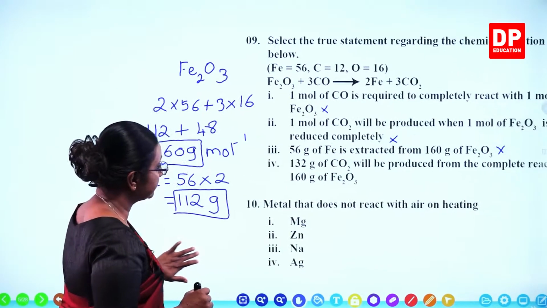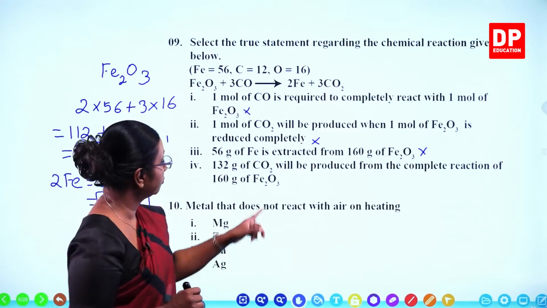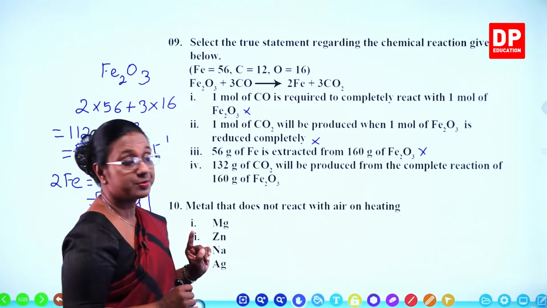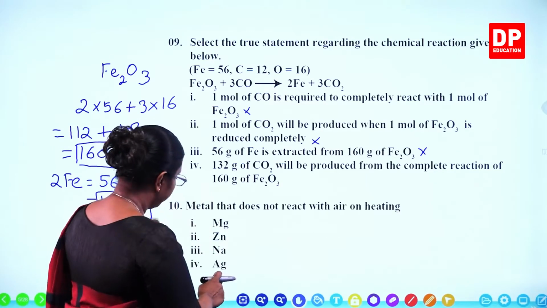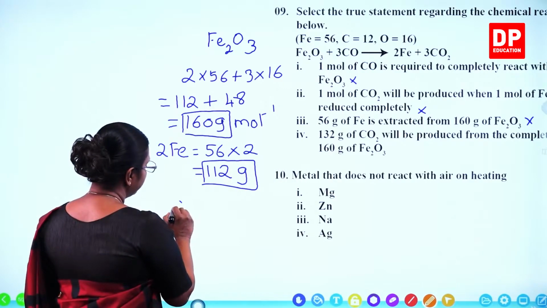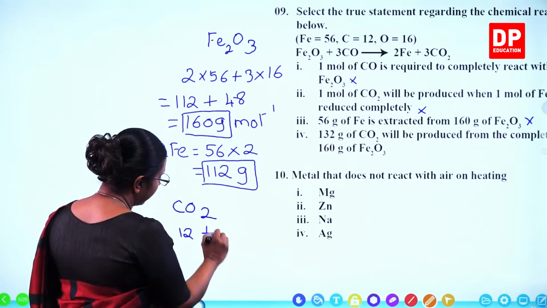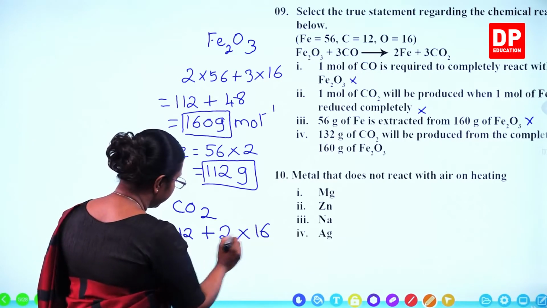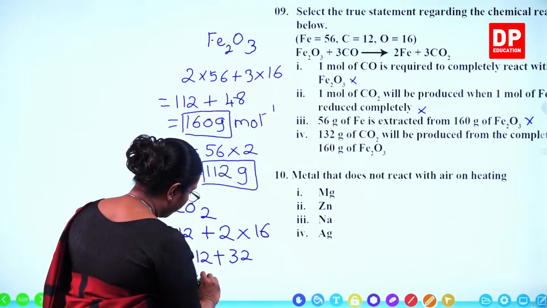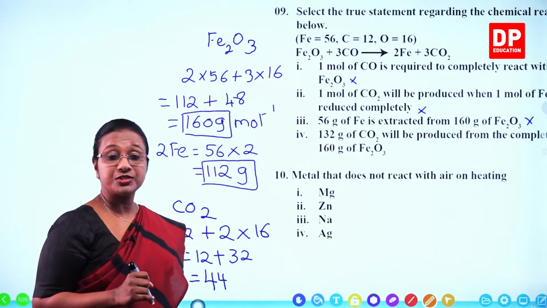Look at the last answer. Here you can see 132 grams of CO2 will be produced from the complete reaction of 160 grams of Fe2O3. So we need to calculate for CO2 as well. CO2, carbon dioxide, carbon you all know is 12. Then there are 2 oxygen atoms into 16. So that is going to be 12 plus 32, 44. How many carbon dioxide are produced?